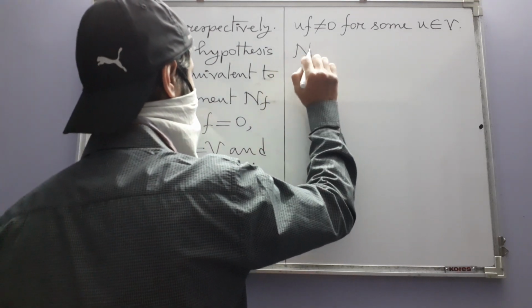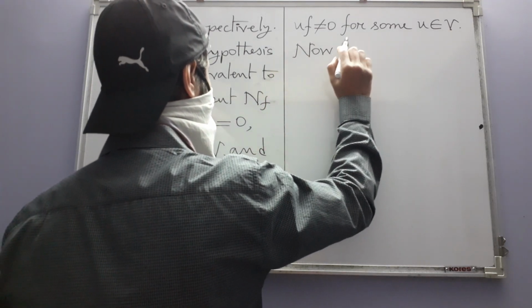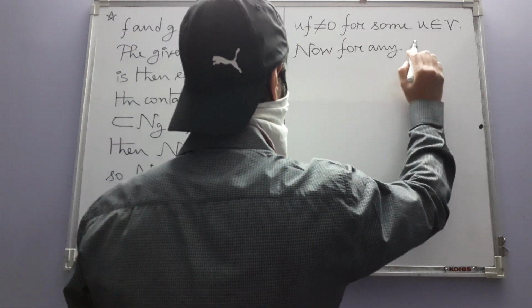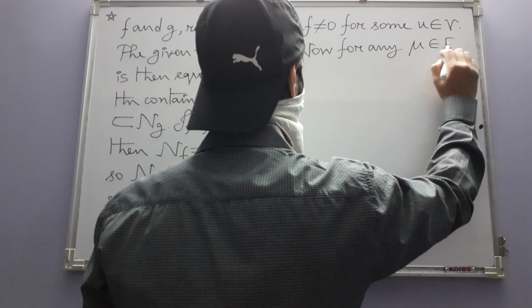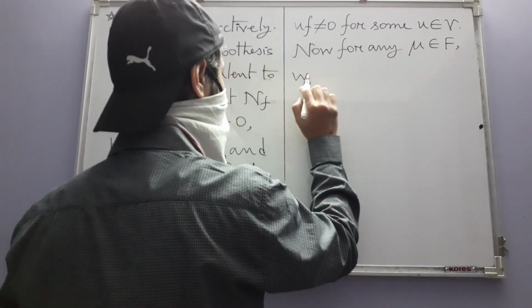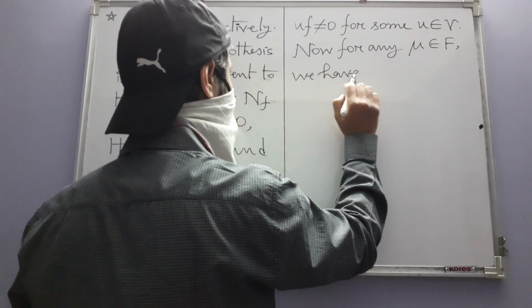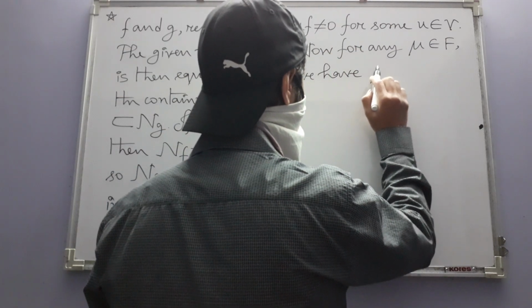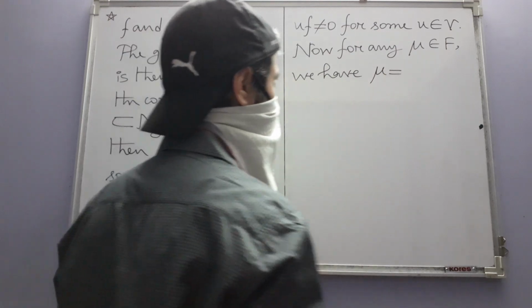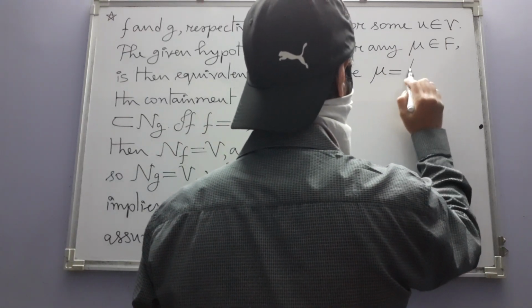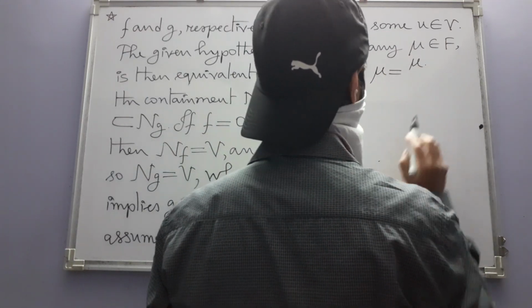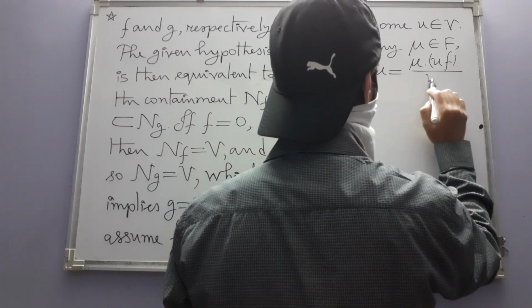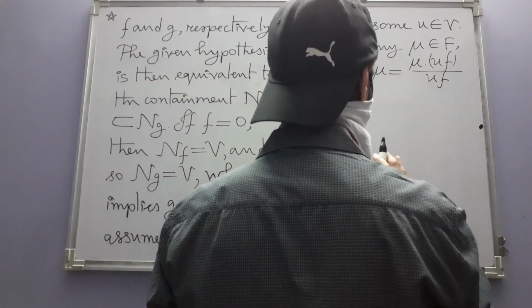Now for any scalar mu, say, we have mu equal to mu times uF divided by uF.